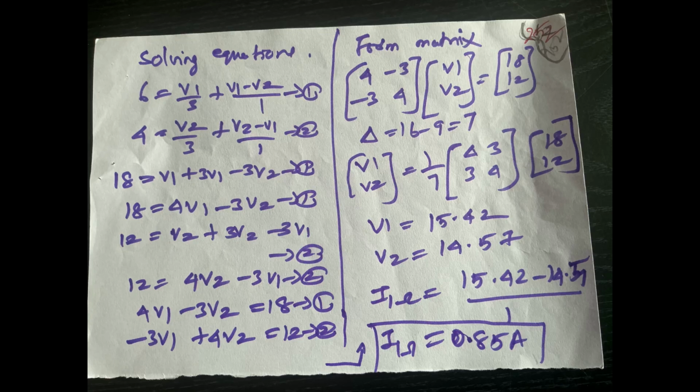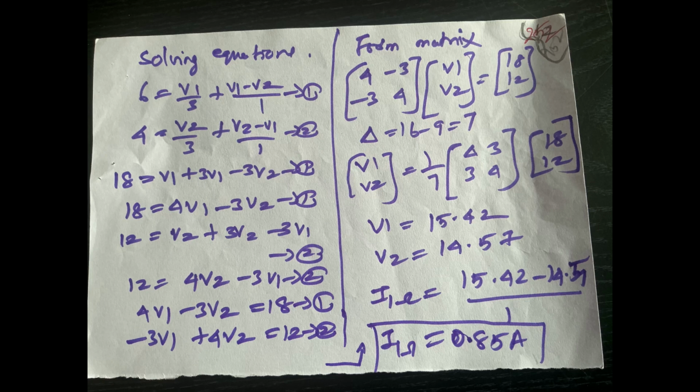Take the first part, 24 volts with the 1 ohm resistance. Then take the second part, apply the parallel resistance formula, find the 3 ohm resistance and put it in this circuit.